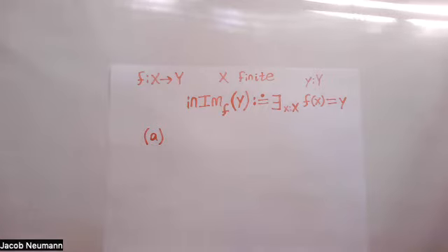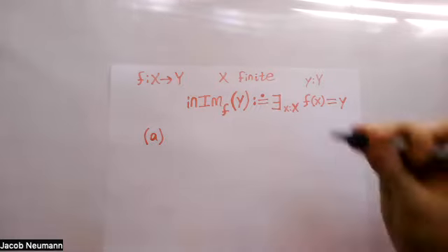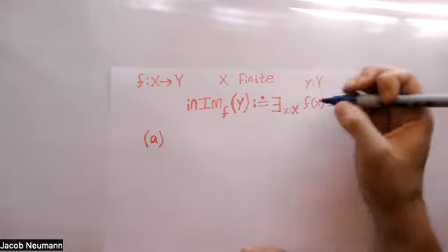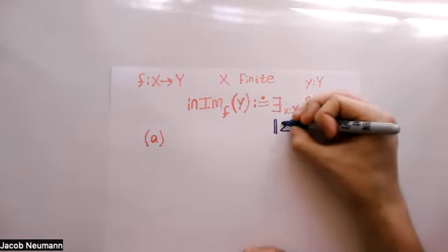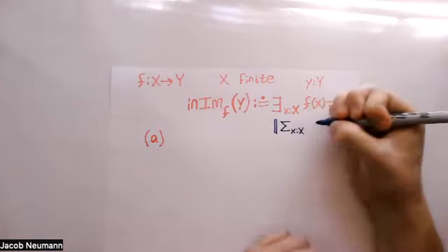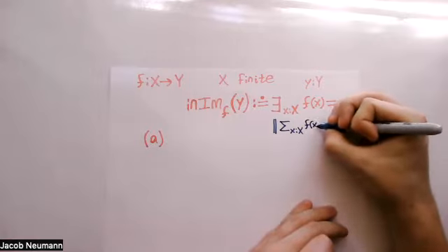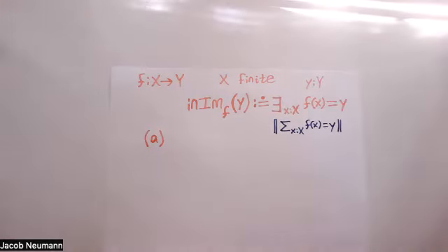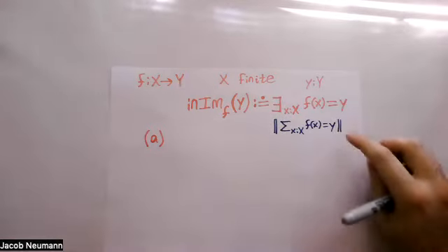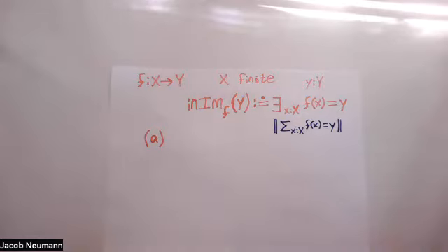I believe so, yes. We're reminding ourselves that exists x in X such that f of x equals y is the truncation of sigma x in X of f of x equals y. So that's the same thing, and this is the fiber of y. So yes, it's the truncation of the fiber.